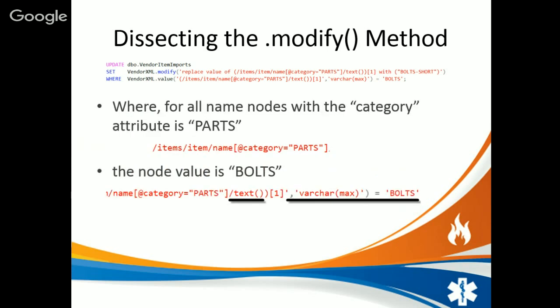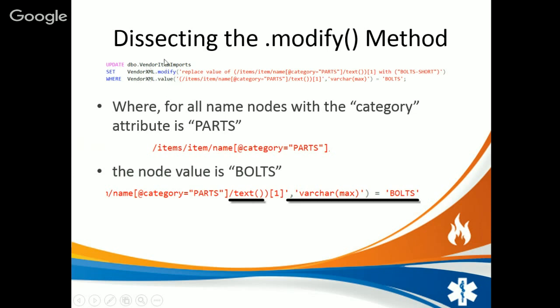Say we are updating an attribute, we locate where the attribute is. We say this is the where part, category parts, and the text or the value of that field equals bolts. So this is the second part of the where clause in the modify.